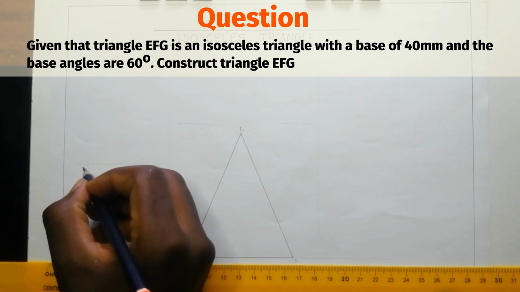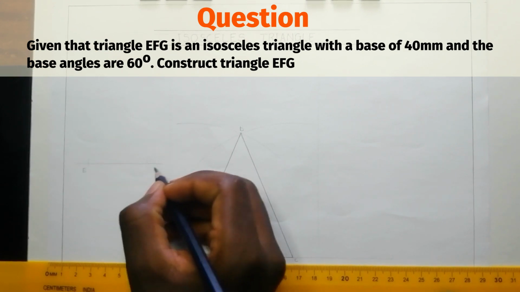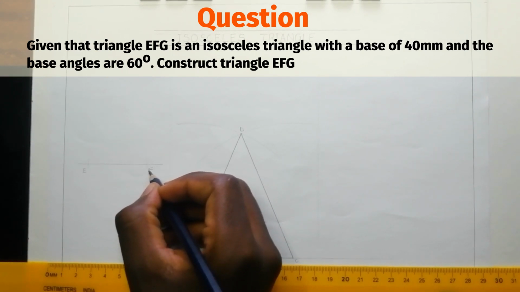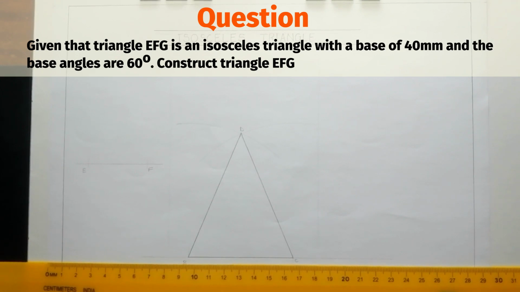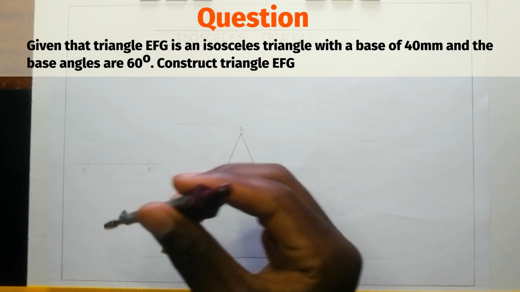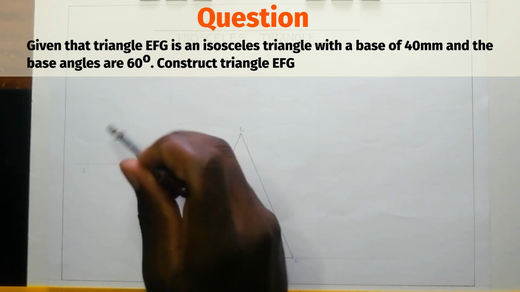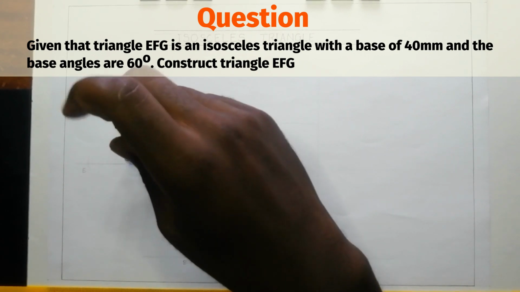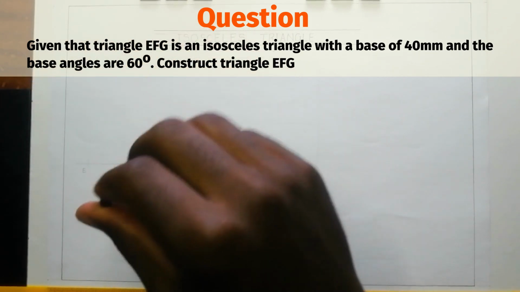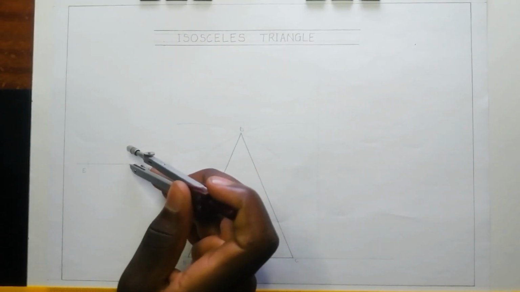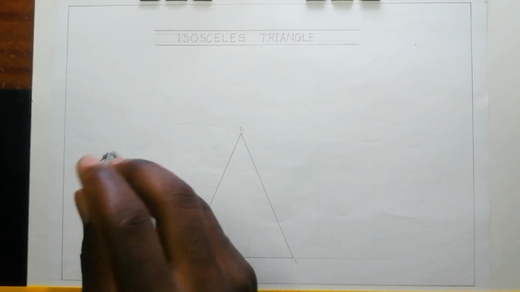So this is our base, EF. And now they've told us that the base angle is 60 degrees for each angle at E and F. And I'm sure you can remember what the base angle is, the terminology I talked of earlier. And I hope you can also remember how we construct the 60 degrees.